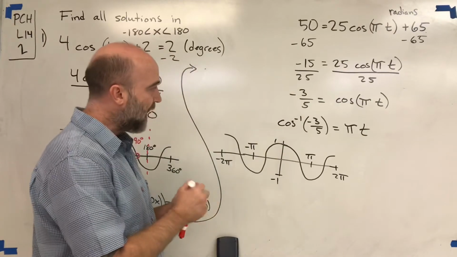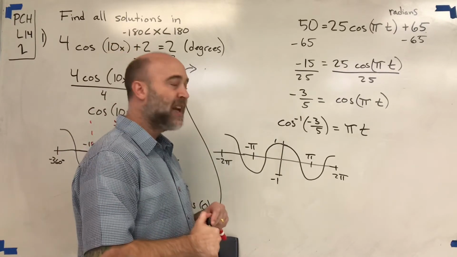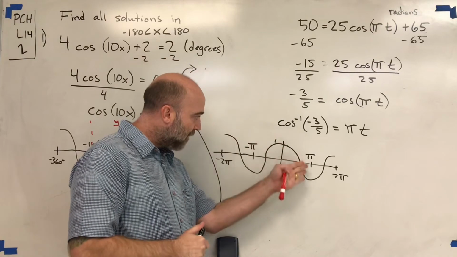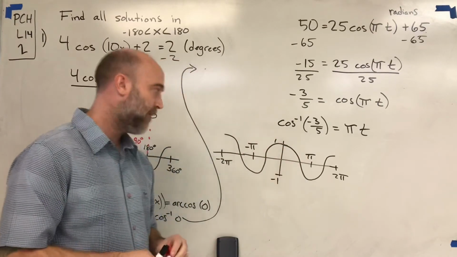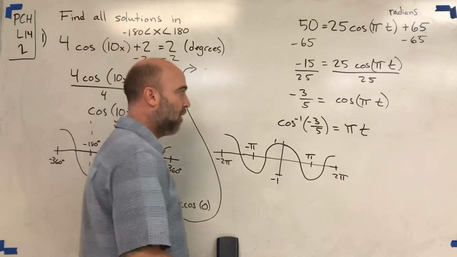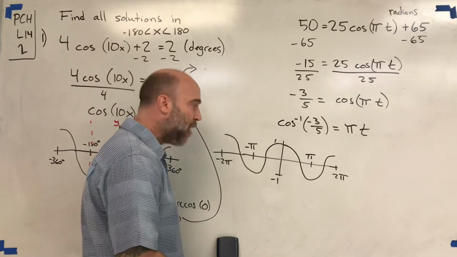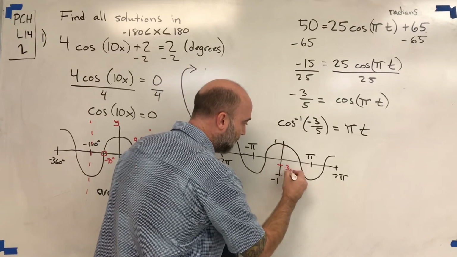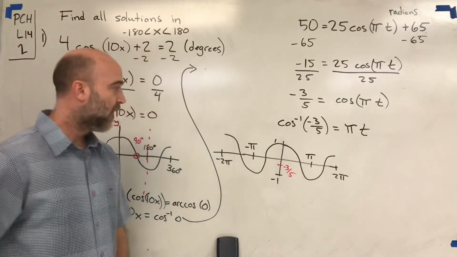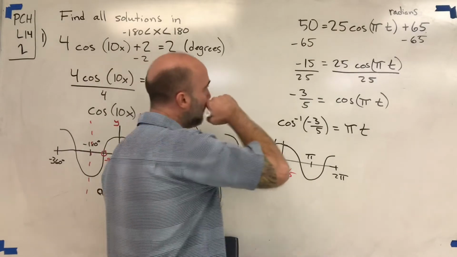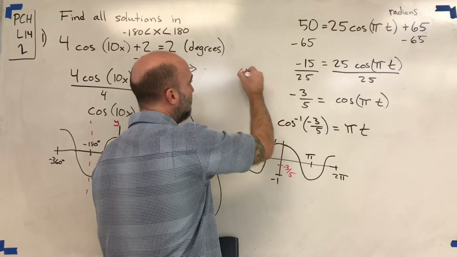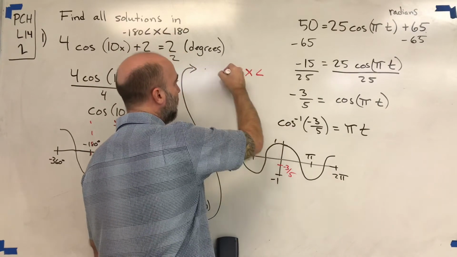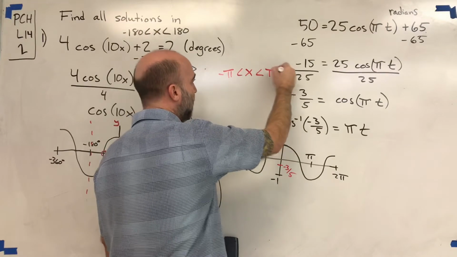Okay, so we're asked for an output of negative 3/5. Do you know where that would land on this graph? Well, where's negative 3/5 at? As an output, that's a y. So negative 3/5 is down there. That means our solutions, and once again, we're talking about x's between negative pi and pi.